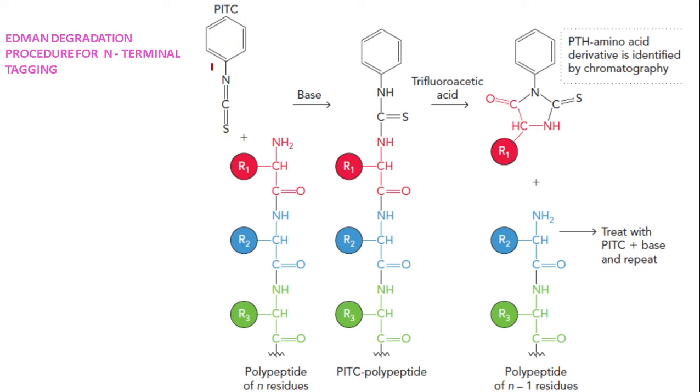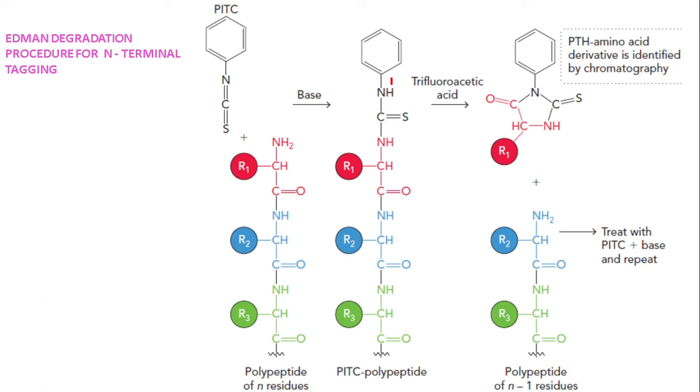This PITC is reacted with a polypeptide chain or an oligopeptide chain. Let us say it has n number of amino acids. This is the N-terminal residue. This PITC reacts with this amino nitrogen of the oligopeptide chain.